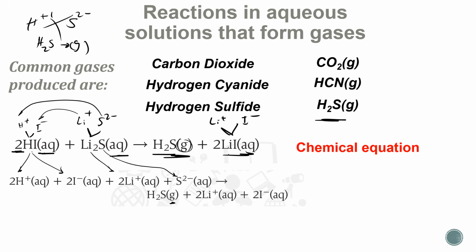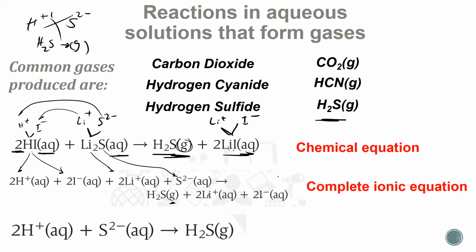Then you have 2Li and then you have 2I minus. Remove the spectator ions, which are I minus and Li plus, and you will get the following equation, and this is the net ionic equation. It is all the same idea as what we took before, but instead of a solid or water we have a gas.